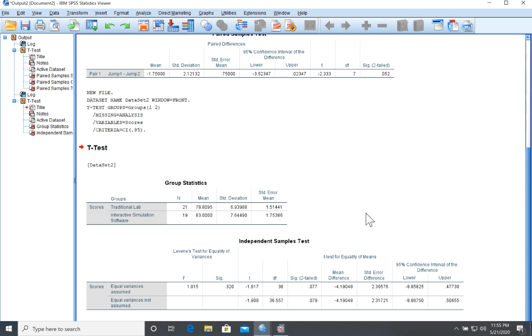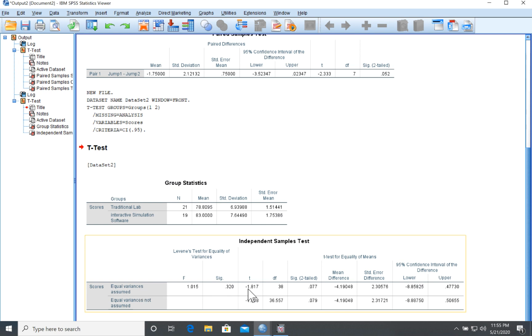Alrighty, so look what SPSS did. It gave us some of the descriptive statistics, and then it generated an output table for the t-test. What we're interested in here are these. These are test statistics.